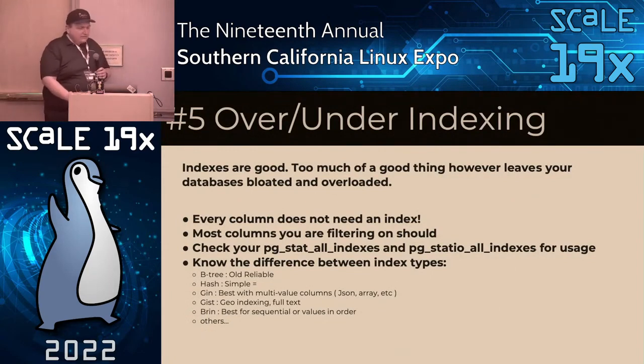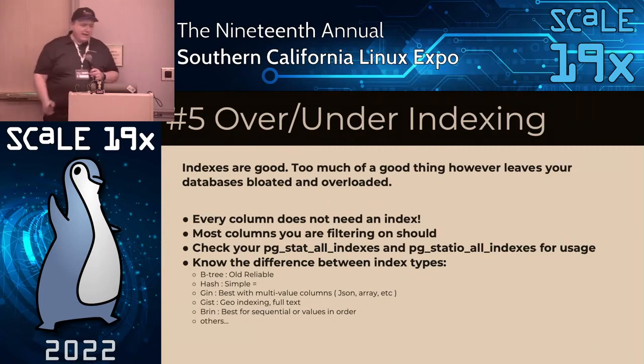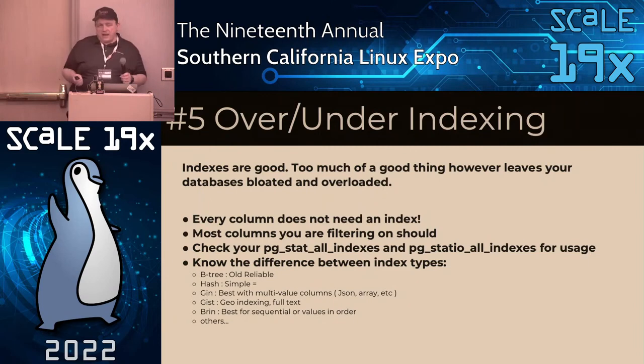Oh, yeah. So how many people have ever been in an environment where the developers thought it was a good idea to index every column? By the laughs, I assume that has happened to a few people. Every column doesn't need an index. This is true because guess what? There is overhead to every index you add.